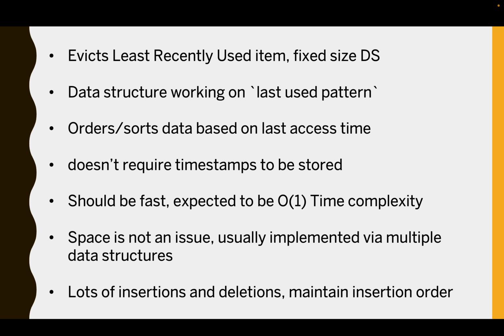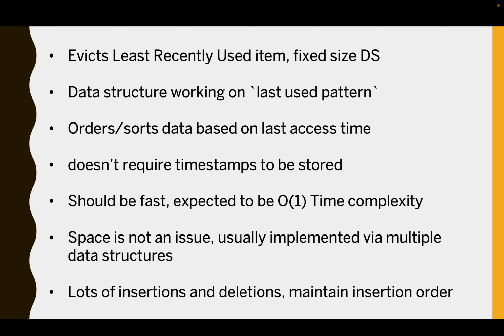LRU stands for least recently used, and as the name suggests, it's a cache. The main thing about a cache is it needs to be fast. You ideally would not want a slow cache. So whatever operations we are implementing in our LRU need to be fast, right? And why does it have the name least recently used?